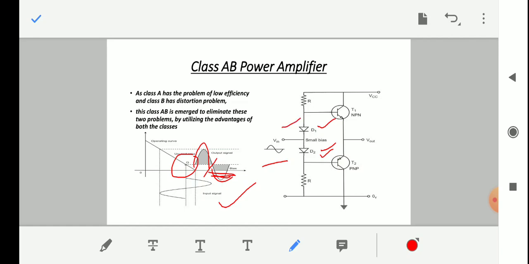This will make the PNP transistor active. Why? Since D1 is in off state, this VCC is directly connected to the base of the NPN transistor, and this NPN transistor is in on state, and it directly connects the output terminal of the PNP transistor to VCC.